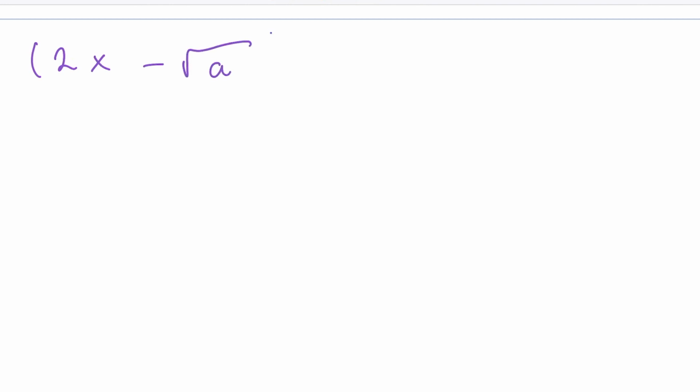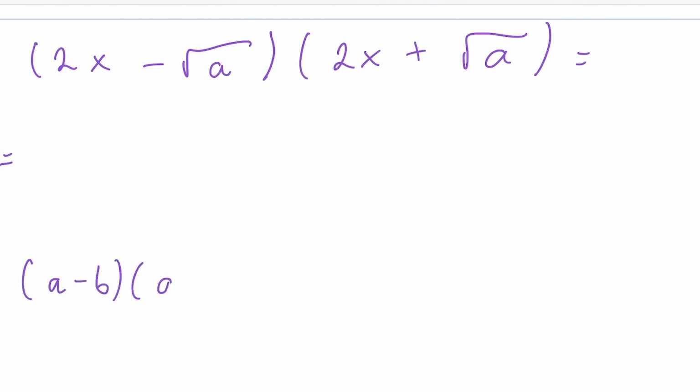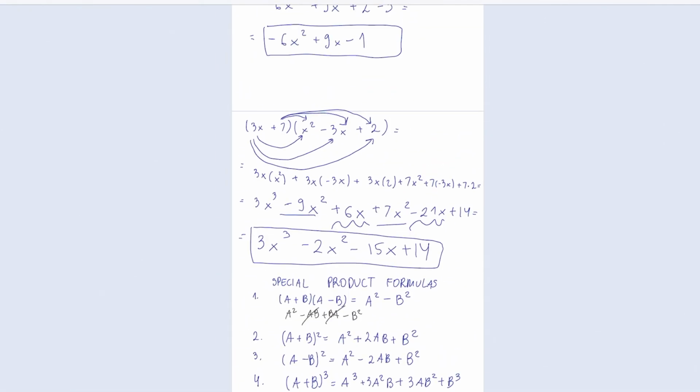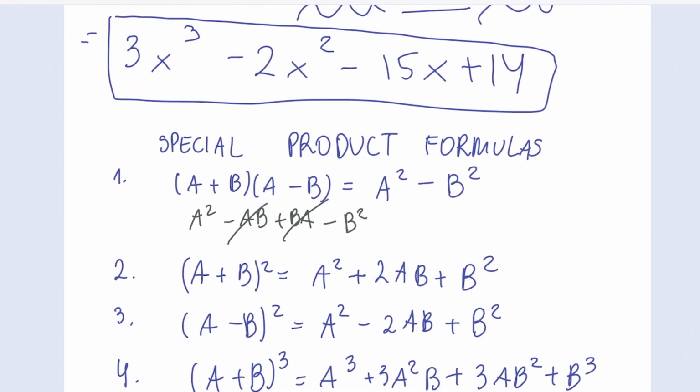So what if we had a rational polynomial in here? So what if we had 2x minus square root of a times 2x plus square root of a? Alright, so based on the formula we've seen, a minus b times a plus b is simply a squared minus b squared, right?